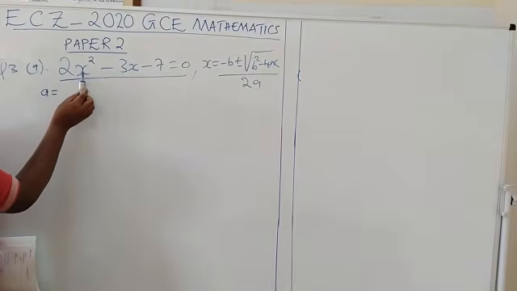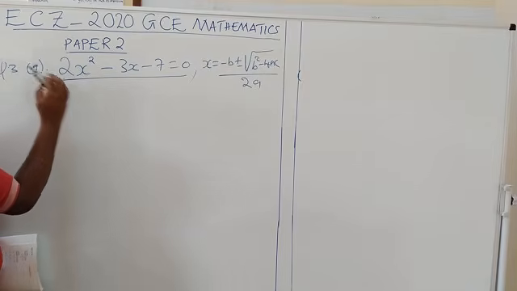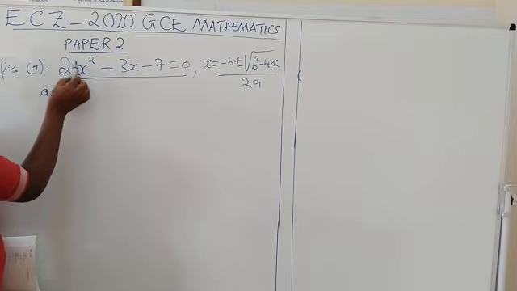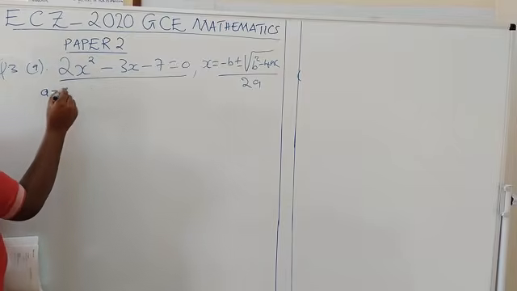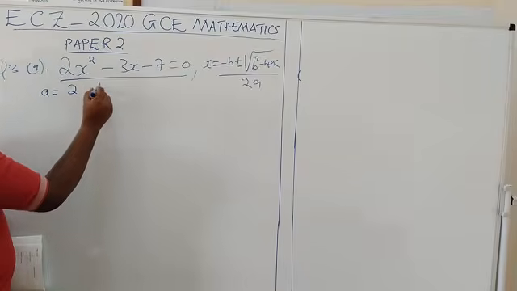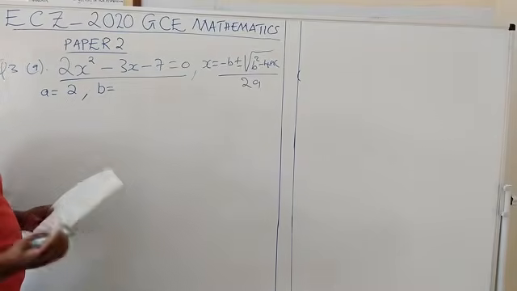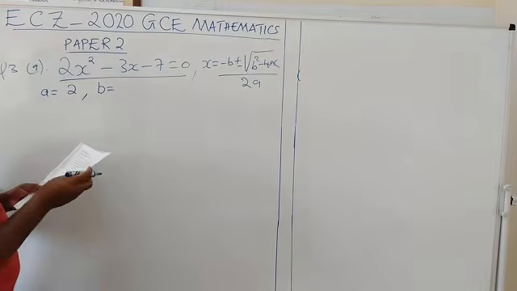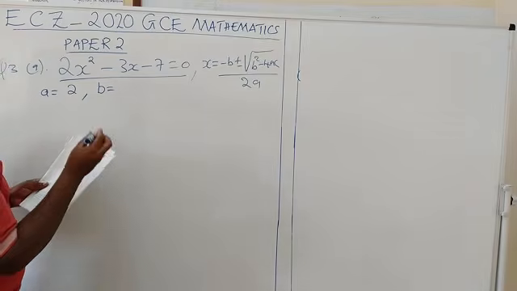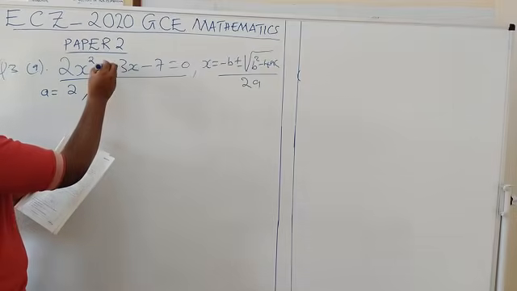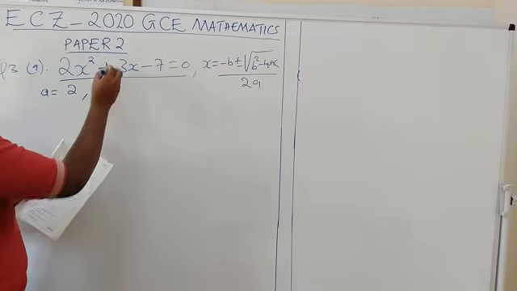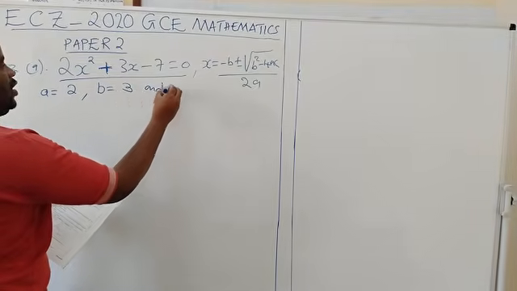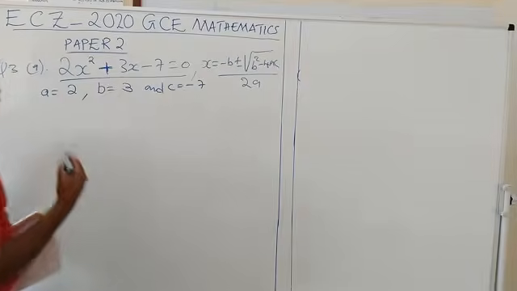So x to the power 2, its coefficient here is 2, that is A. B is the coefficient of a variable that has a power of 1. Take note, this is a plus, this is plus, this is plus. So our B is 3. And our C is negative 7.